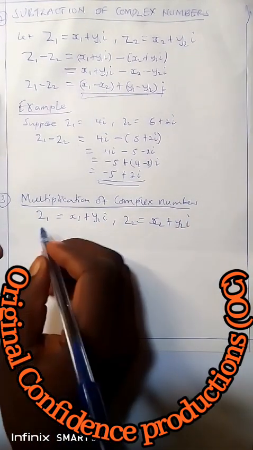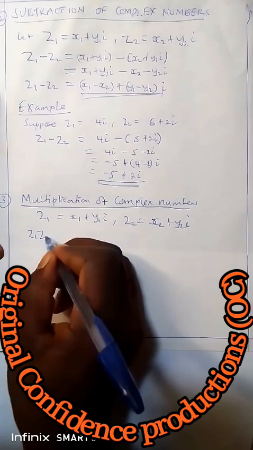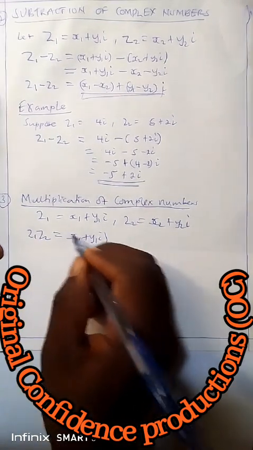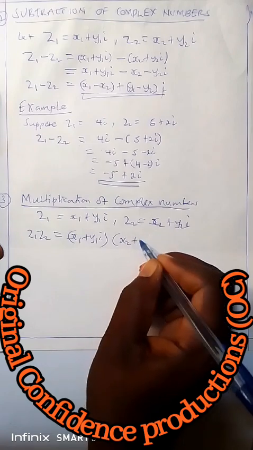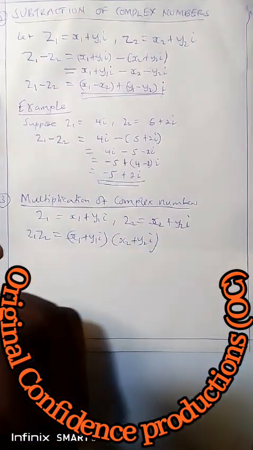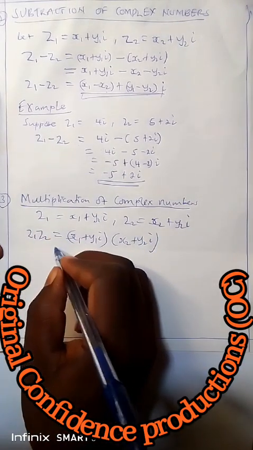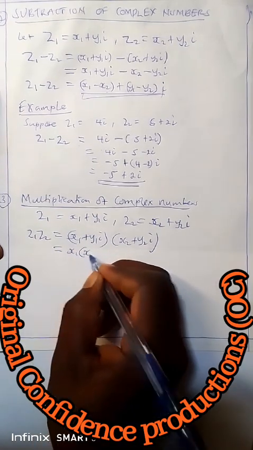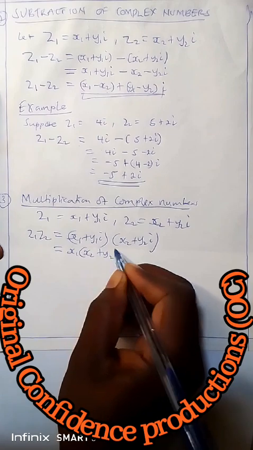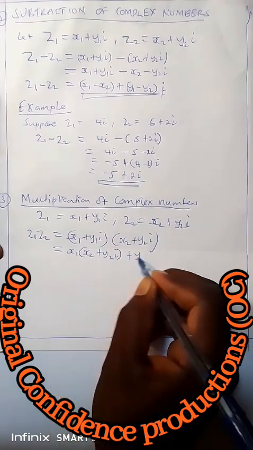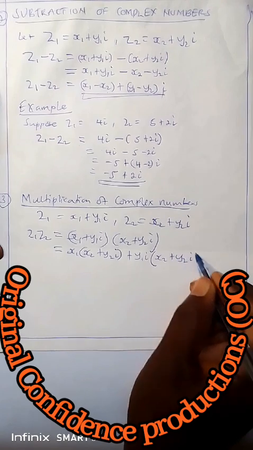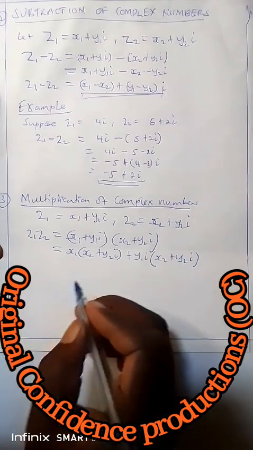When we have this, we shall have z1 times z2 equals x1 plus y1i, then times x2 plus y2i. So we start by saying x1 multiplies the whole of x2 plus y2i, then plus y1i multiplies the whole of x2 plus y2i. That's how this goes.